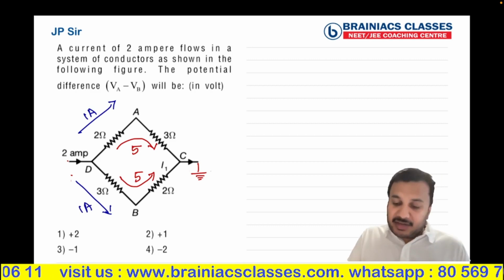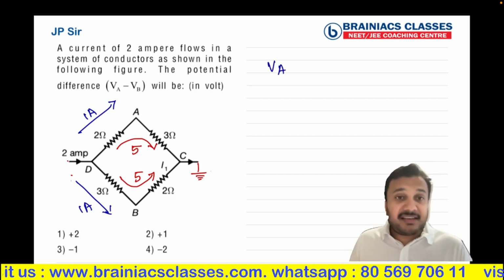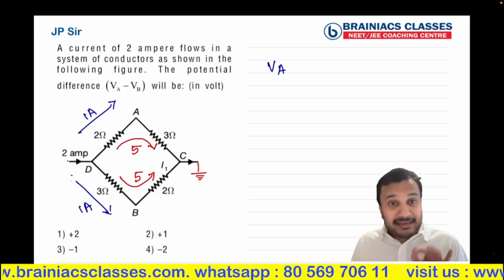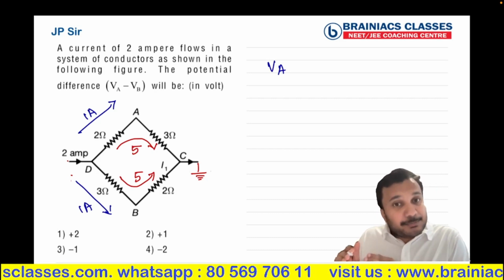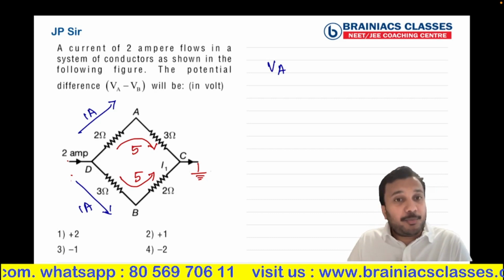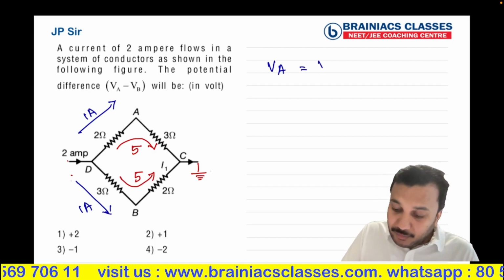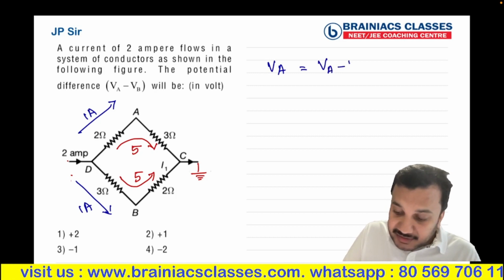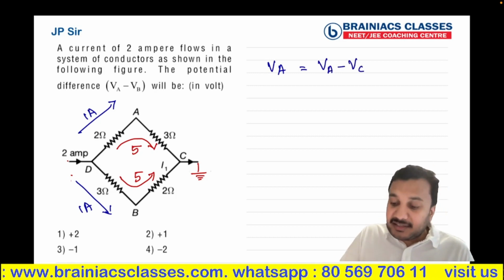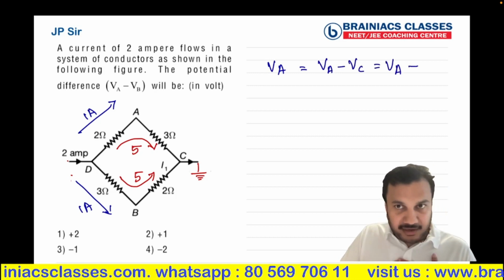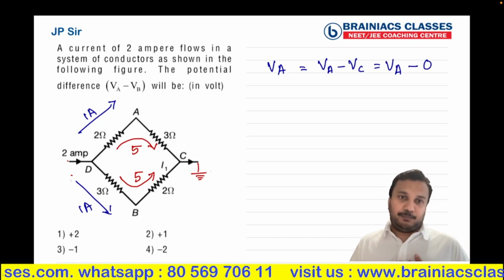Next, voltage at the point A. Voltage at the point A indicates voltage with respect to ground. What is the ground point? C is the ground point. So VA is nothing but voltage at A minus voltage at C. What is the voltage at A? We need to find it. What is the voltage at C? 0.